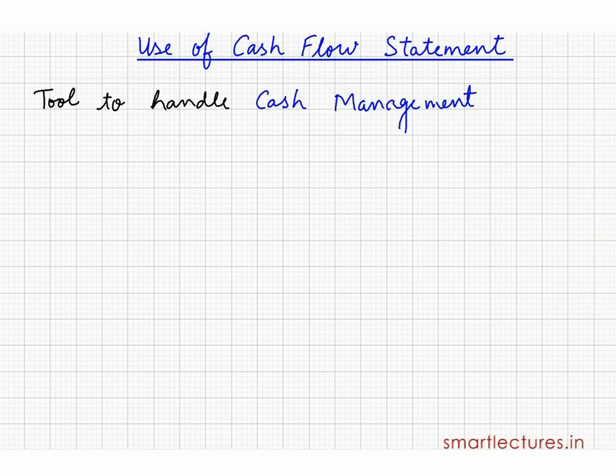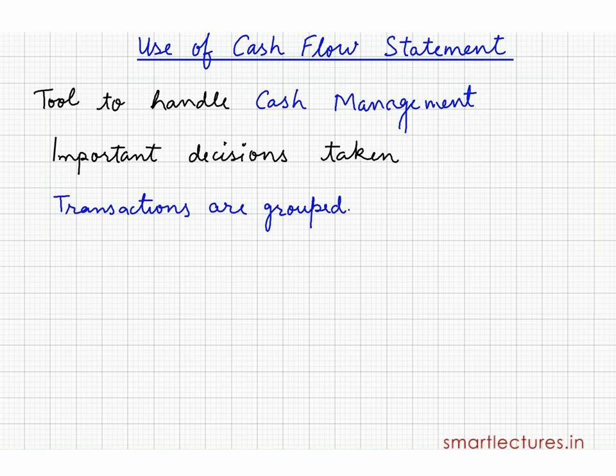I mean to say so many important decisions are taken by the management only on the basis of analysis of cash flow statement. Because cash flow statement doesn't record all the transactions. All transactions are grouped in one particular activity. So the management can find out or can calculate how to manage the cash. But on the basis of cash book, it is almost impossible to take the decisions that where the money is coming from and where the money is going to.